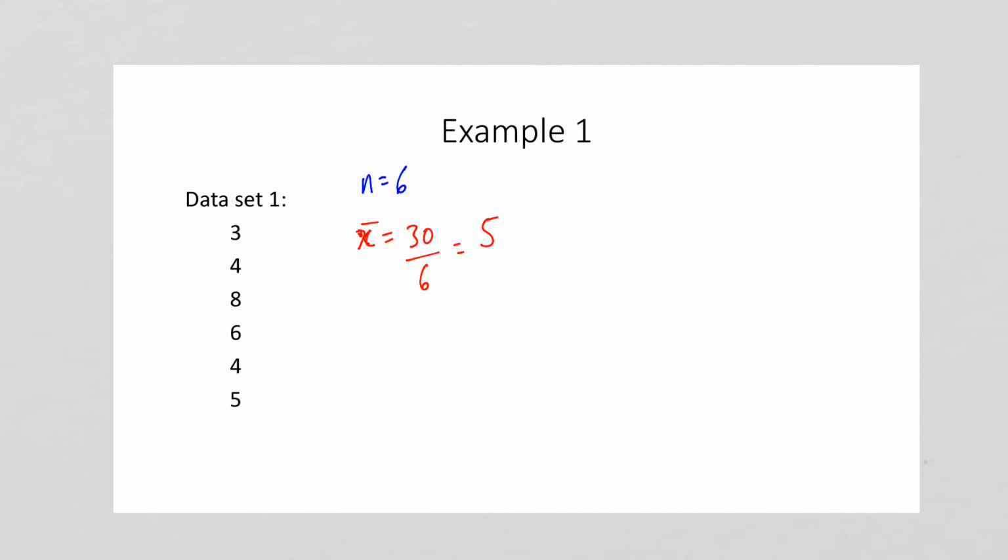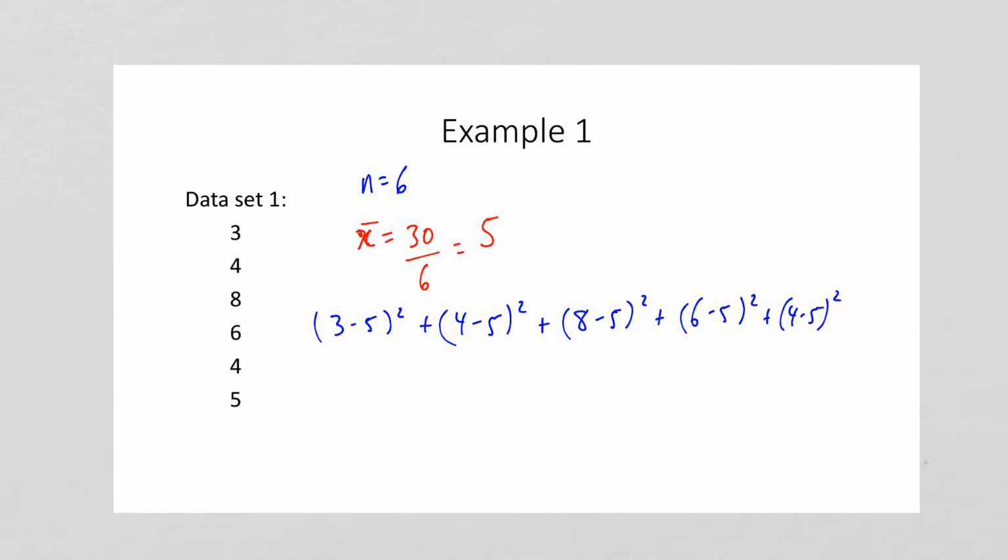Then I'm going to plug that into my equation. So I'm going to say the first value, so 3 take away 5 squared plus 4 take away 5 squared plus 8 take away 5 squared plus 6 take away 5 squared plus 4 take away 5 squared plus 5 take away 5 squared. So all I've done there is applied the equation of x take away the mean squared, and I've just plugged those values in.